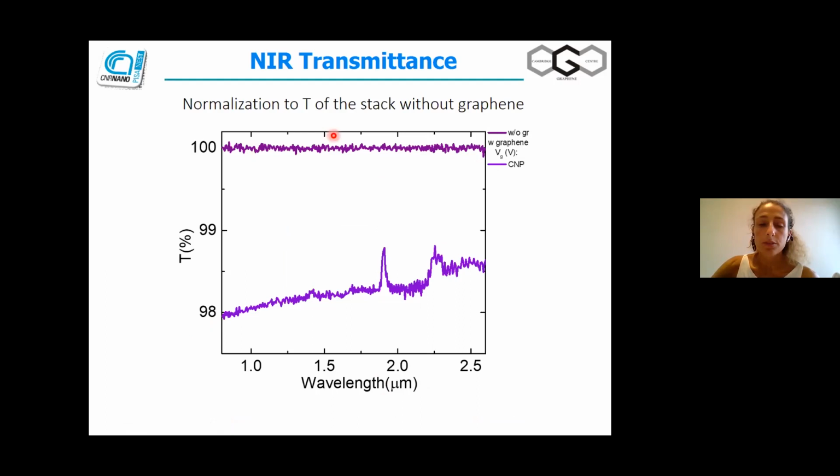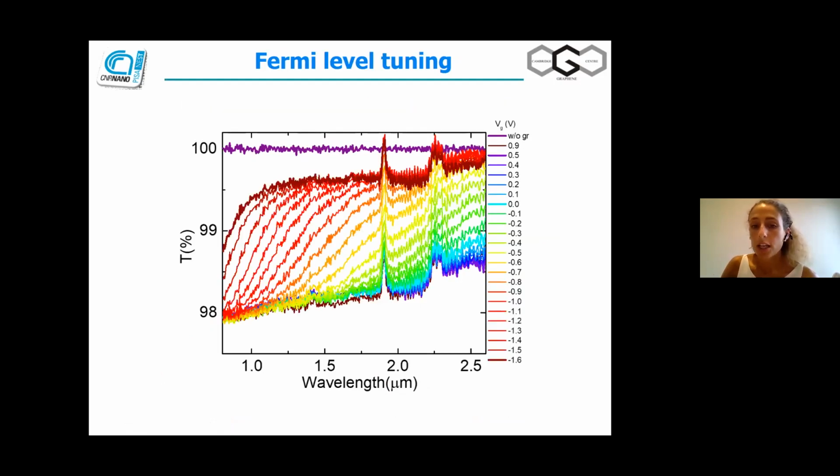You can see that we have the expected 2% absorption. These sharp peaks are related to the absorption from the ionic liquid, whose thickness is not homogeneous all over the sample. And if we sweep the gate, we see a drastic change of the absorption properties of the material.